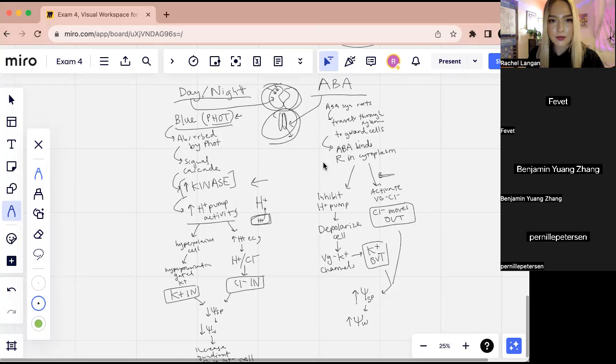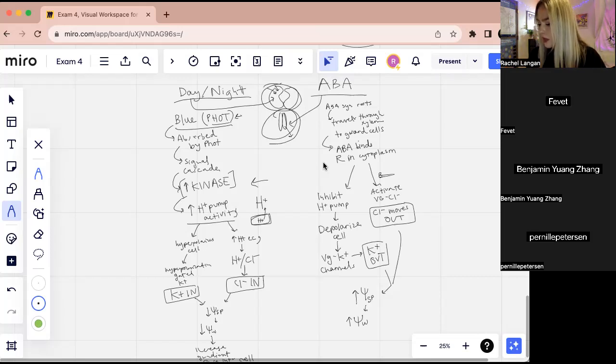Plant temperature. If you close stomates, the plant heats up. Why? Because there is less evaporative cooling. Guard cell turgor pressure. If you close stomates, that's less positive pressure, less turgor pressure.